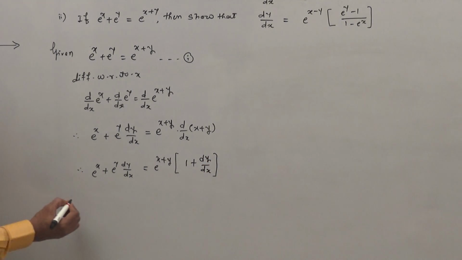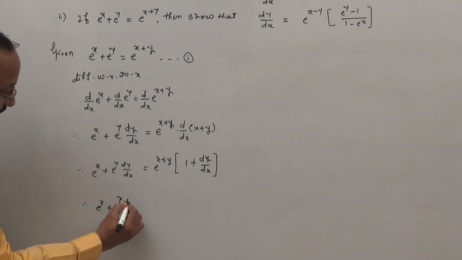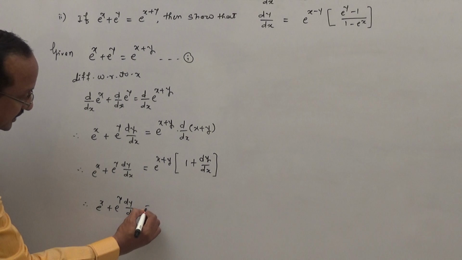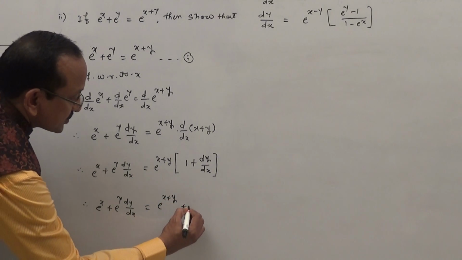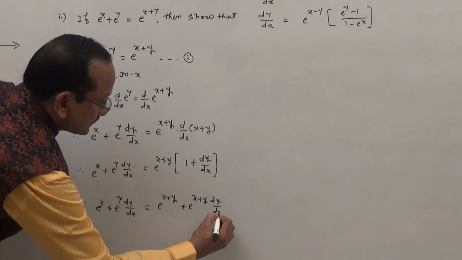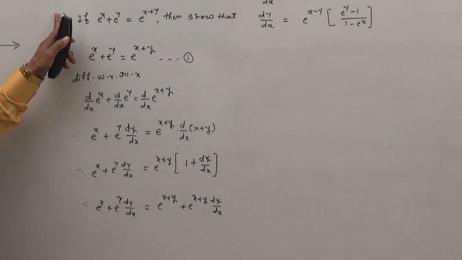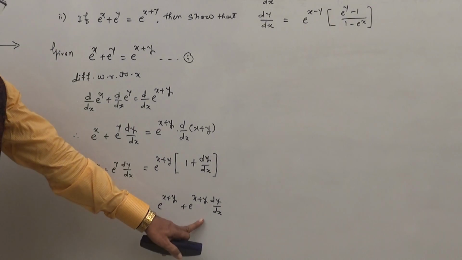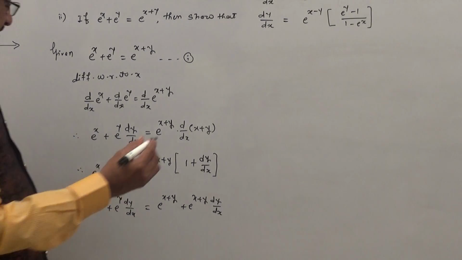Now open the bracket. E raised to x plus e raised to y dy by dx is e raised to power x plus y plus e raised to power x plus y dy by dx. Now by implicit differentiation, take terms involving dy by dx on one side, remaining terms on the other side.